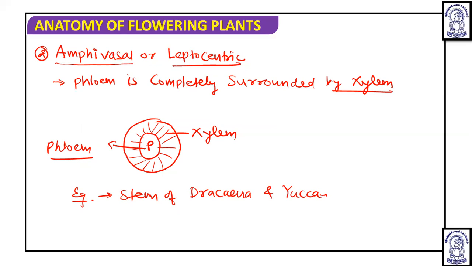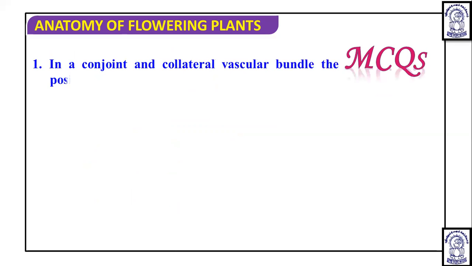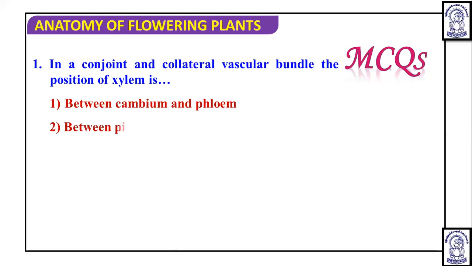Okay, so this is the vascular tissue system. So all three tissue systems we have discussed, that is the epidermal tissue system, ground tissue system, and vascular tissue system. Now let's discuss some of the questions. In a conjoint collateral vascular bundle, the position of xylem is... When we talk about collateral, phloem is present on the outer side and the xylem is present on the inner side.